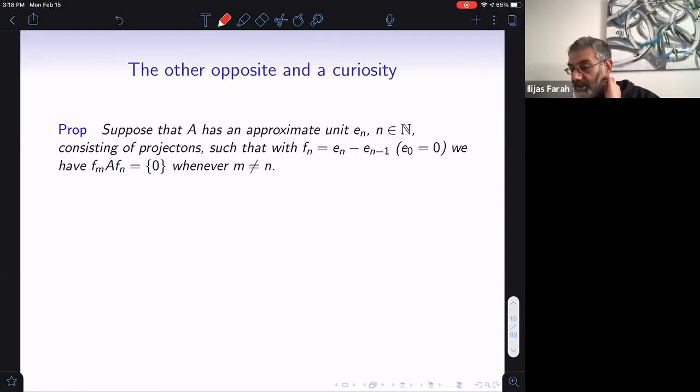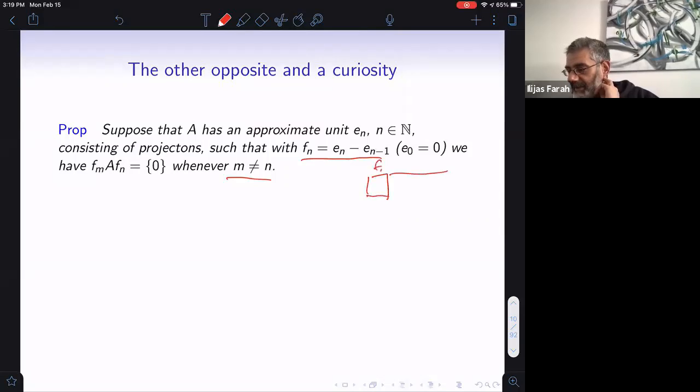So here's the opposite situation. If you have A, which has an approximate unit consisting of projections, but now if you take Fn to be the difference En minus En minus 1, then Fm A Fn is 0 whenever m is different from n. So this is completely opposite to the previous one, save for the fact that I have projections again. Well, what does that mean?